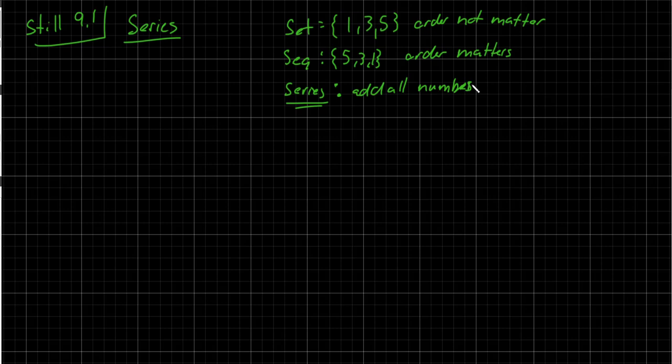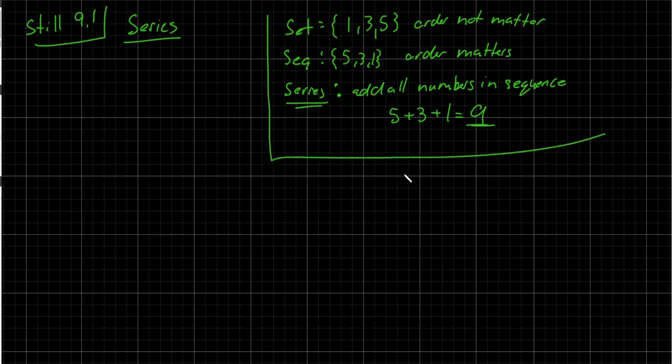So this would be 5 plus 3 plus 1, which equals 9. And that would be the answer for this series. This is a finite series. There's finite and there's infinite. So series, that's just a nice, easy way to remember this.